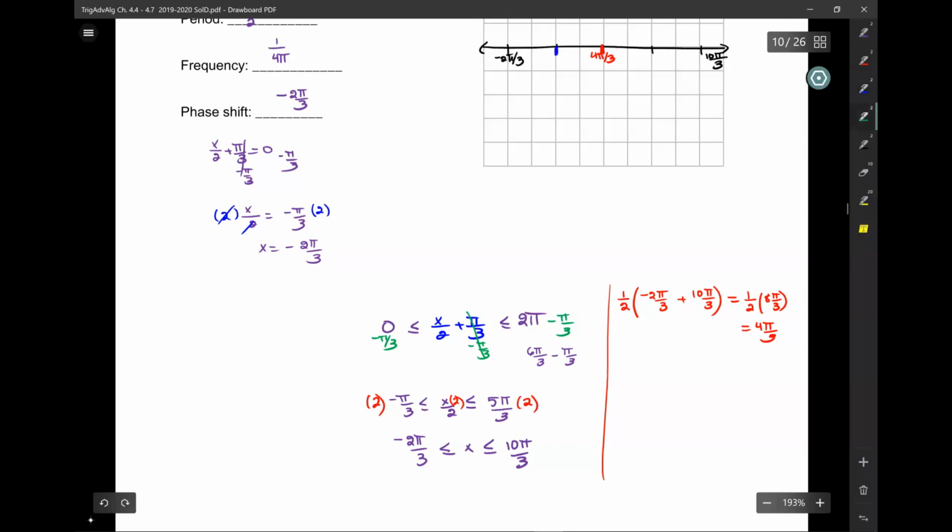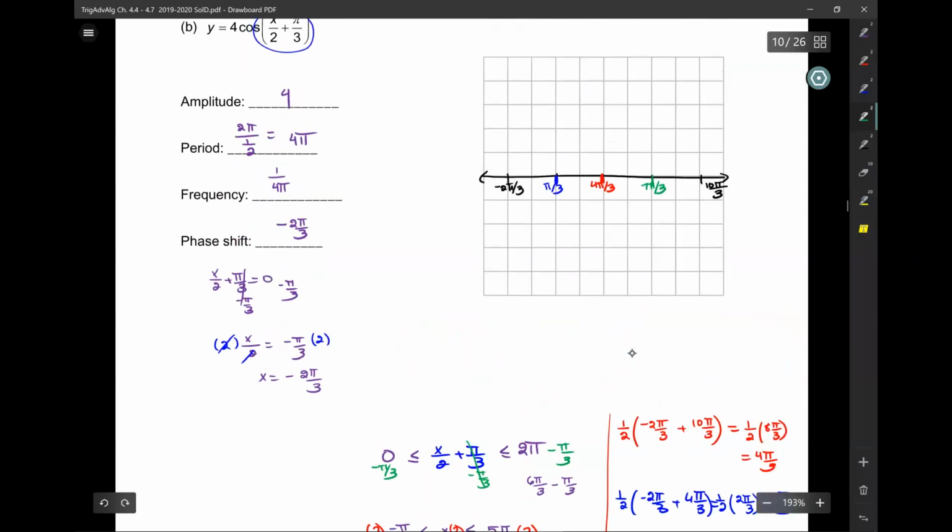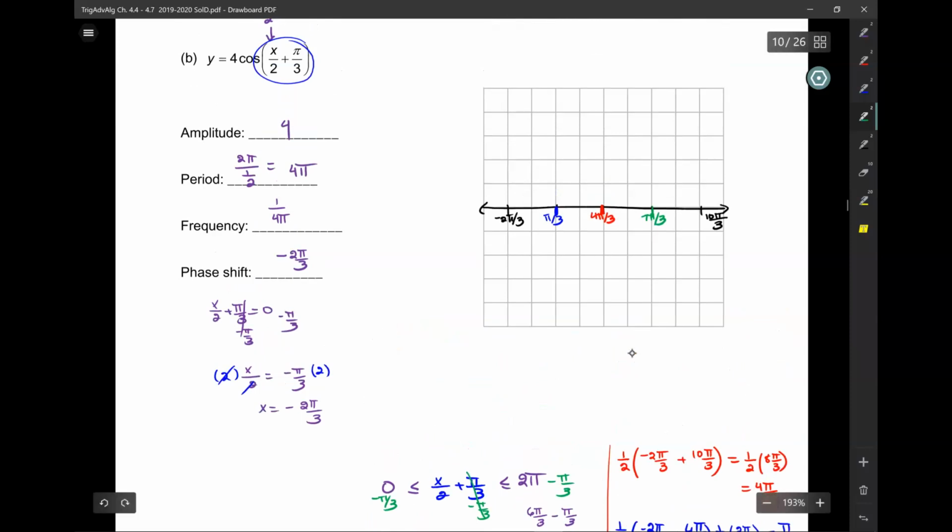Go ahead and find the blue and the green. And then once you're done finding those 2 points, you can go ahead and graph.